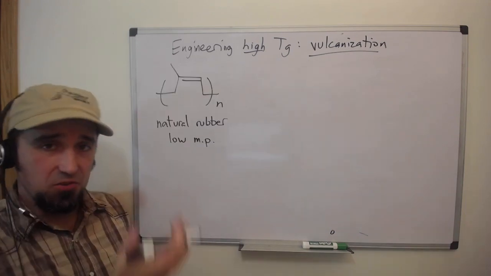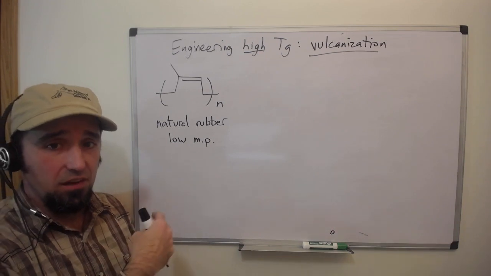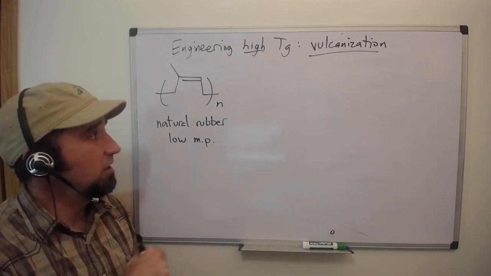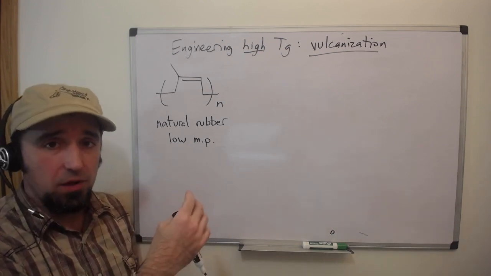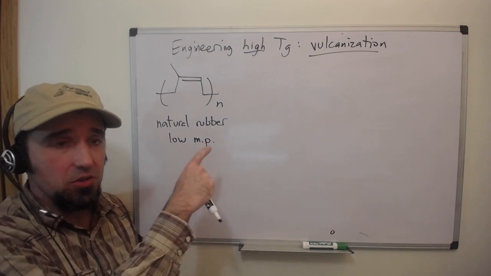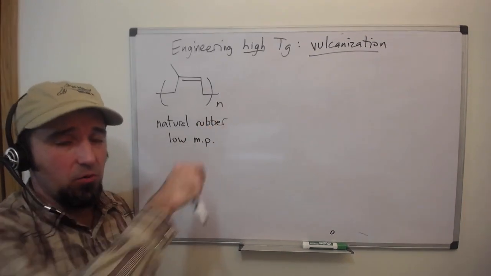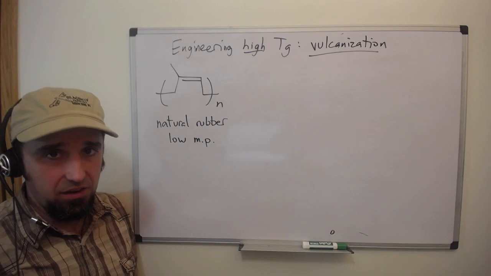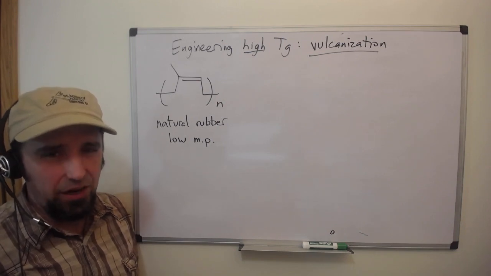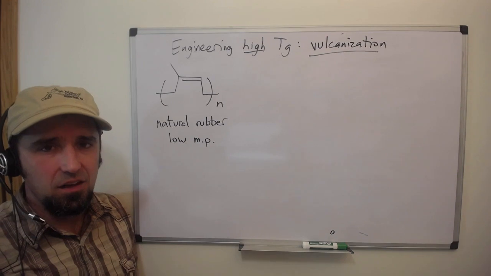So for instance, here's the first polymer that we'll draw. This is natural rubber, polyisoprene. This is how we usually talk about polymers: we'll draw the repeating unit and then an n here. We're not going to specify what n is most of the time. Just assume that n is big, hundreds to thousands big.